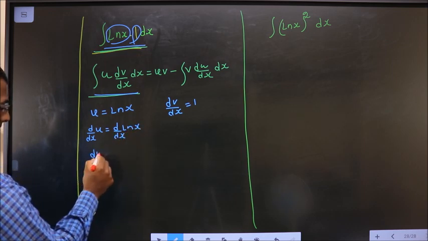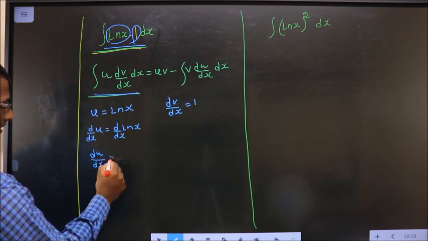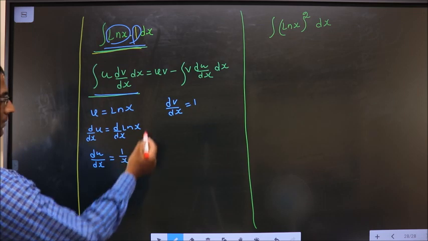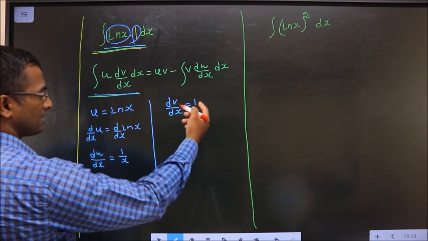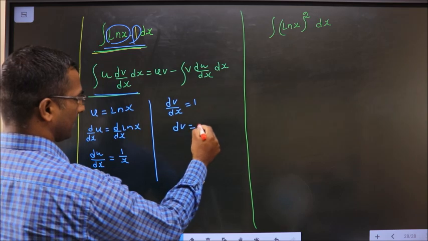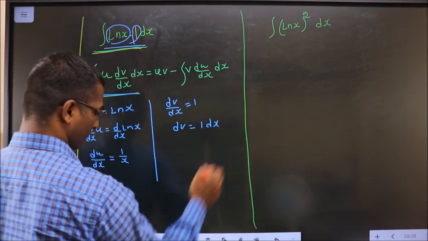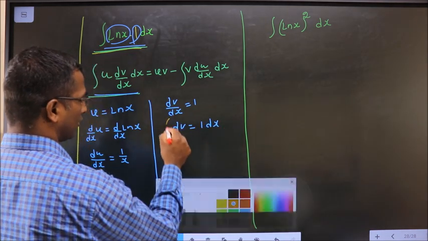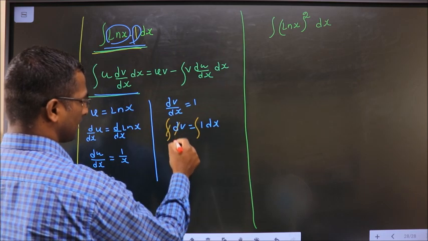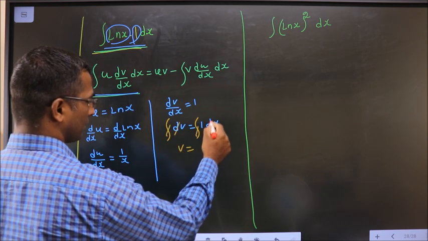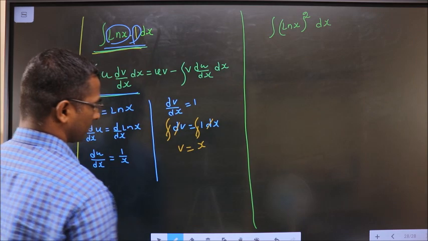So here no change, du by dx is equal to differentiation of ln x, which is 1 by x. Here send dx to the other side. Now you integrate on both sides such that this cancels out, v equals, here also, x.